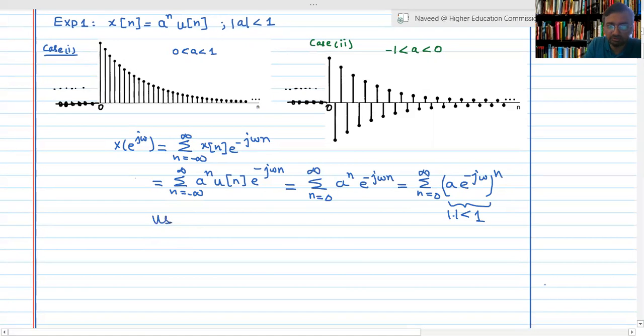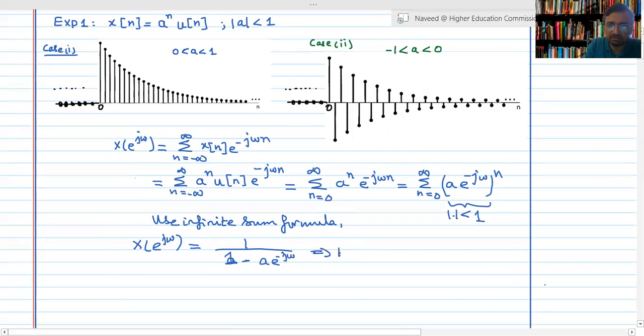So we use the infinite sum formula and we get the answer 1 divided by 1 minus a e^(-j omega).